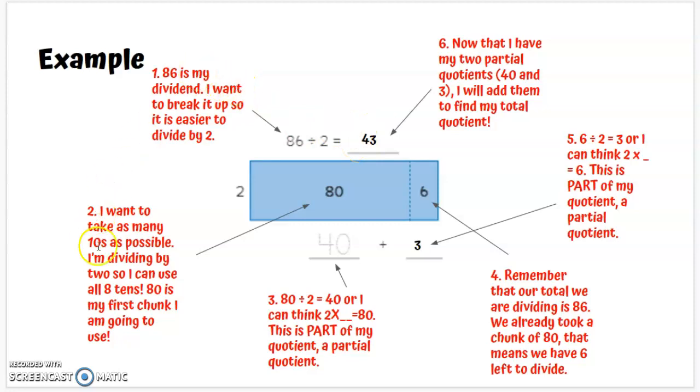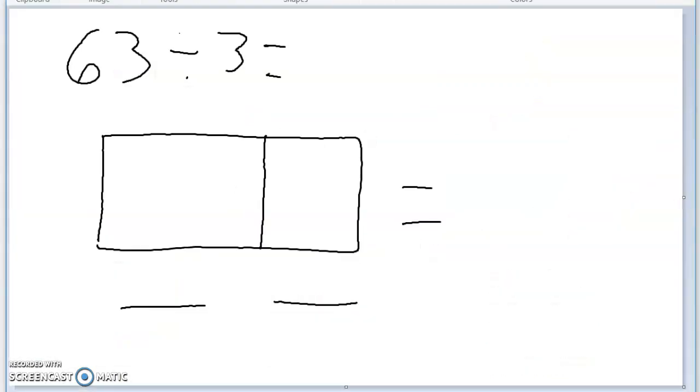So you can go through these step-by-step, or you can watch this video again after you're done. So let's do a few examples. 63 divided by 3. Your 3 is going to go over here. Then we break up the 63. First off, we have the 6 right here. Can 6 be divided by 3? Yes, it can.